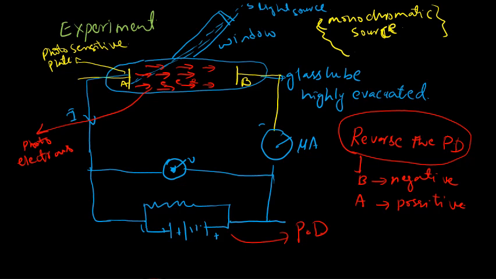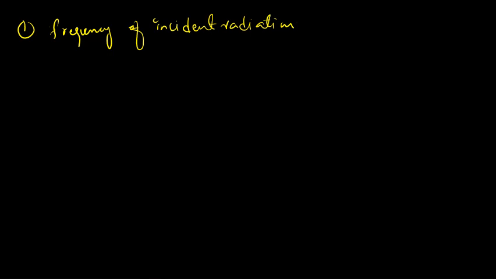The photocurrent is found to depend on the following factors. Now we will discuss the factors on which the photocurrent depends. Which factors affect the photoelectric effect? Number one, the frequency of incident radiation. Second, the intensity of incident radiation.